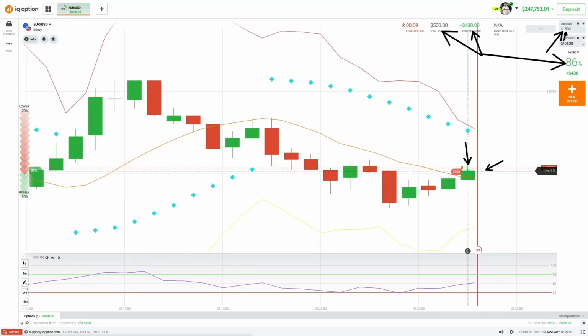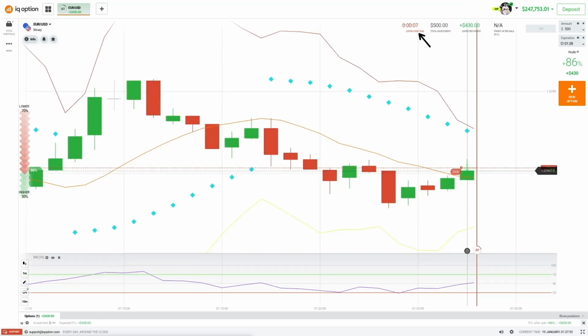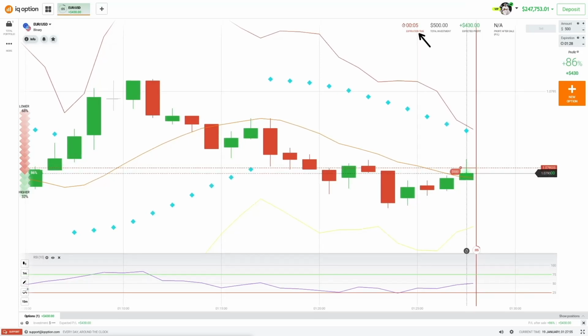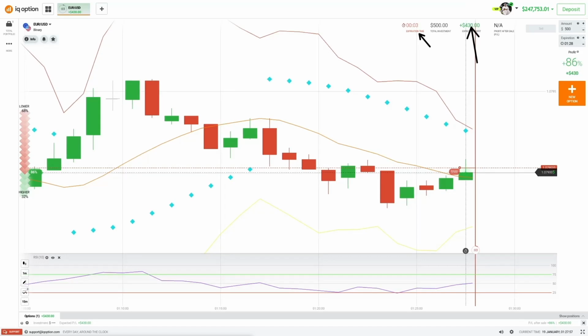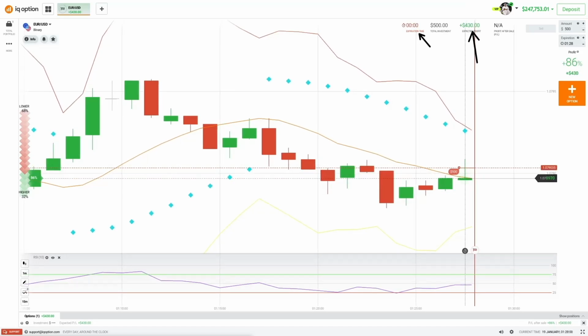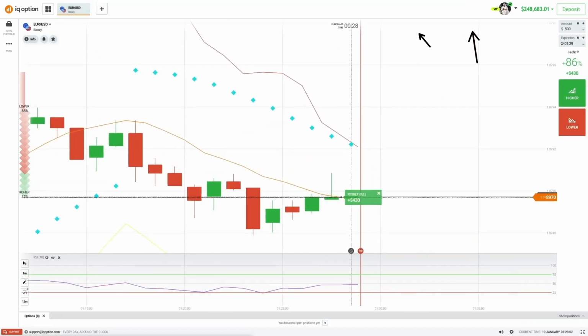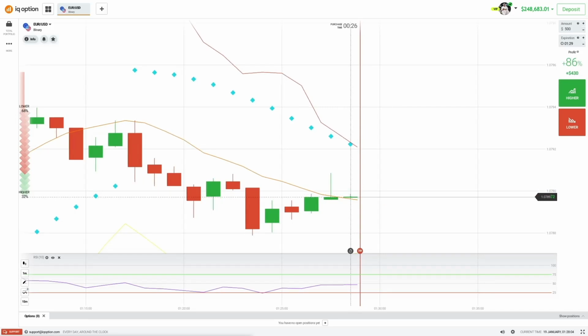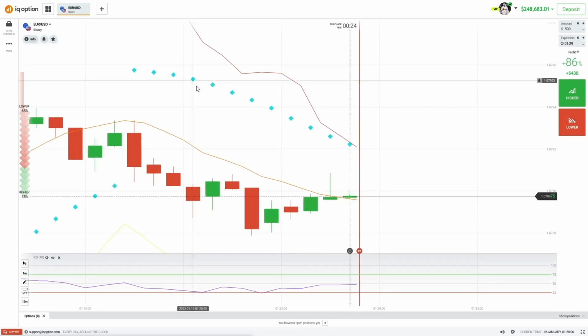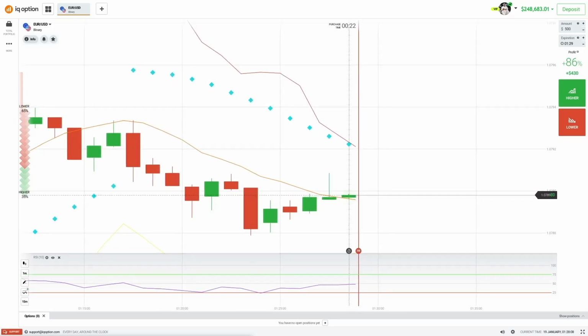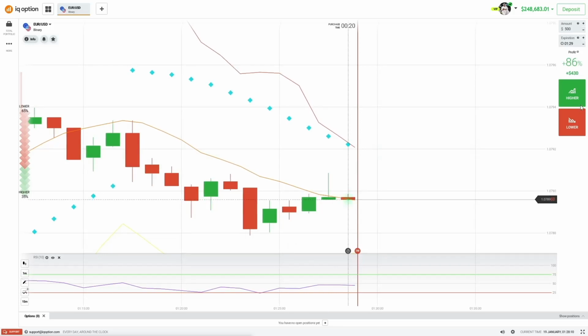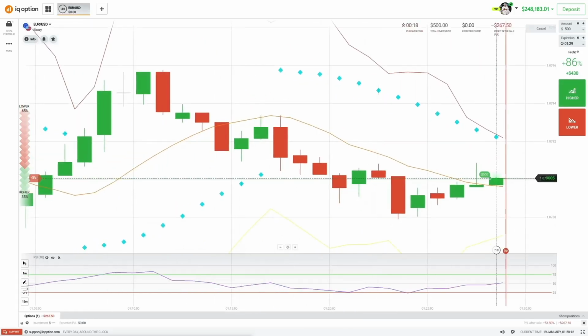If I'm losing, I lose everything. This is the estimated time. So every 1 minute I make $430, if my prediction is always right. Perhaps I have more predictions.